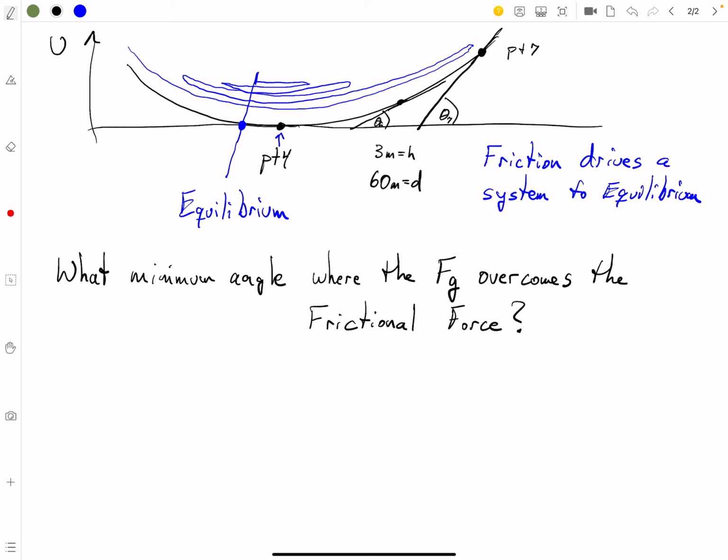So what do we do? We go back to the things that we know so well. Here's our force of friction. Here's our normal force. Here's our mg. This is our mg cosine theta. There's our mg sine theta.